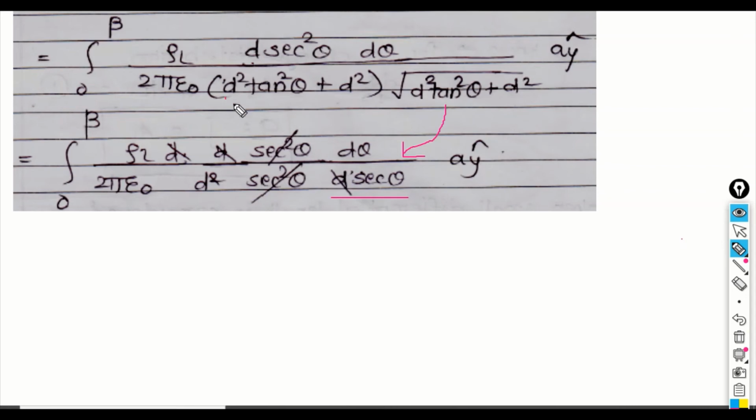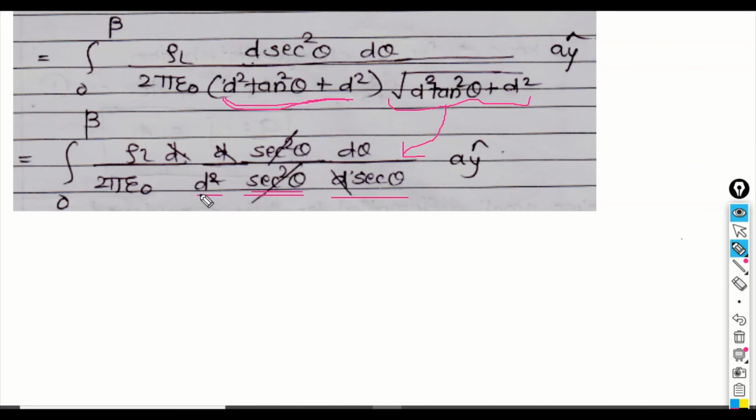Now here also you take d square common from these two terms. I get 1 plus tan square, so 1 plus tan square will be sec square. So d square sec square is the simplification of this term, and the simplification of the second term will be my d sec theta. So observing what I can cancel, d square will get cancelled with d square, sec square will get cancelled with sec square.